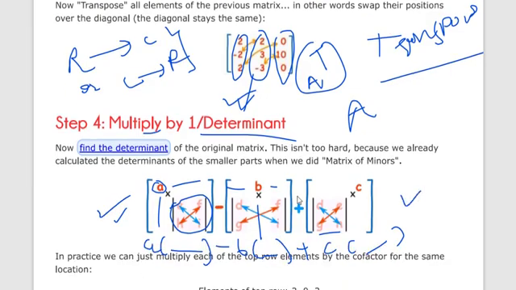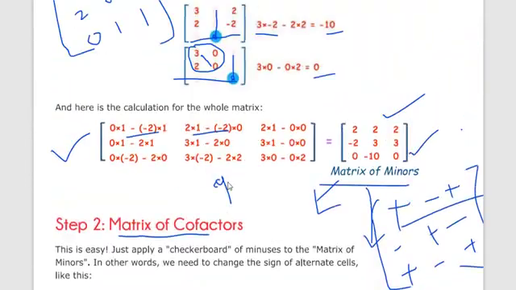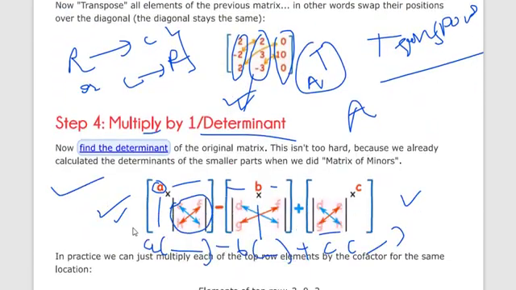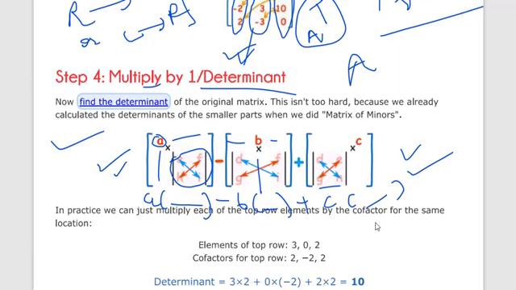This is a different process. These three processes are the same step by step, but you can also find the determinant as a first step. Steps 1 to 3 are all connected, but the determinant is different from all three steps. So this is the 3 by 3 matrix determinant.